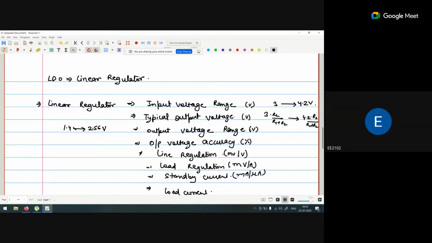Now, with respect to the typical output voltage, it is 3.6 into R2 upon R1.